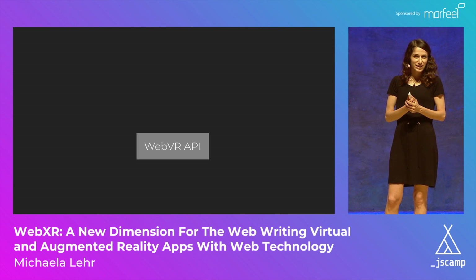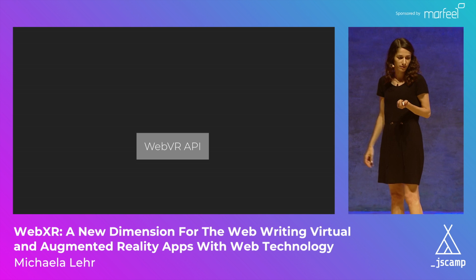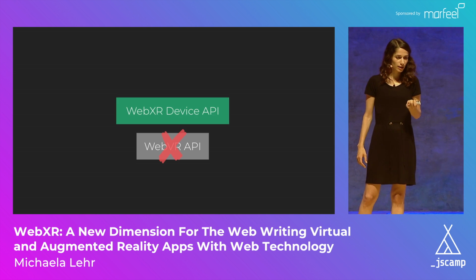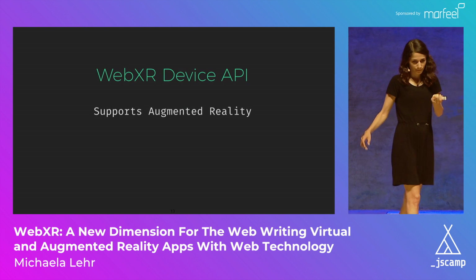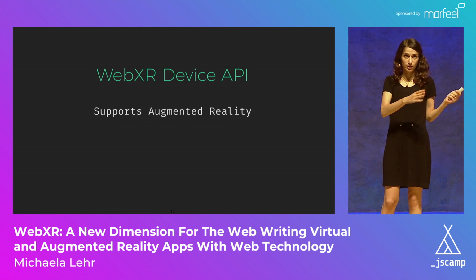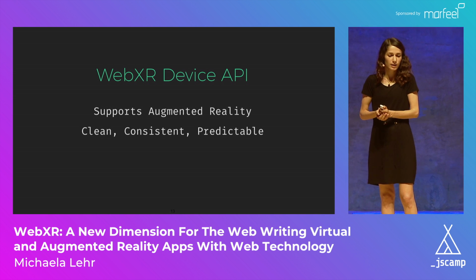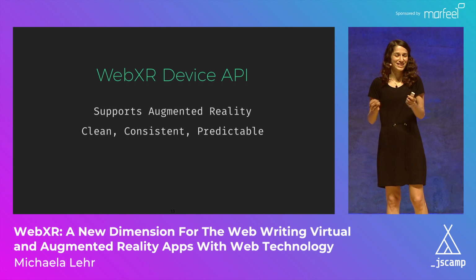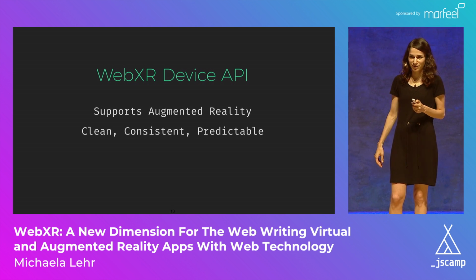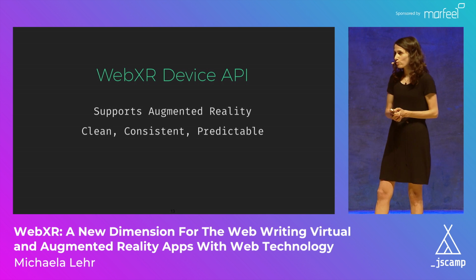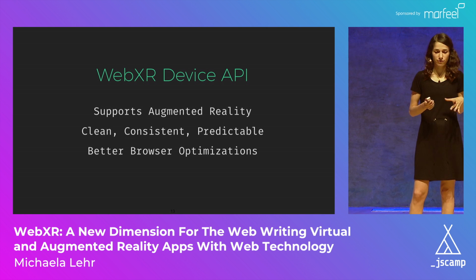So why do we need a new API anyway? What was wrong with the WebVR API? The new API should support not only virtual reality content, but augmented reality content as well. And as you can imagine, when not writing things twice, it should also be cleaner, more consistent, and more predictable. Browser optimizations in regard to performance are also promised.